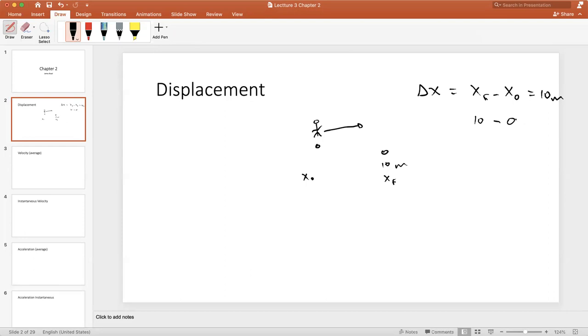Obviously, the initial doesn't have to be 0. I could have started at 9 and walked to 19 meters, whatever. But when we talk about displacement, what we mean is the change of distance. And that is always some final minus some initial. And keep in mind that here, x can be whatever coordinate we're talking about.